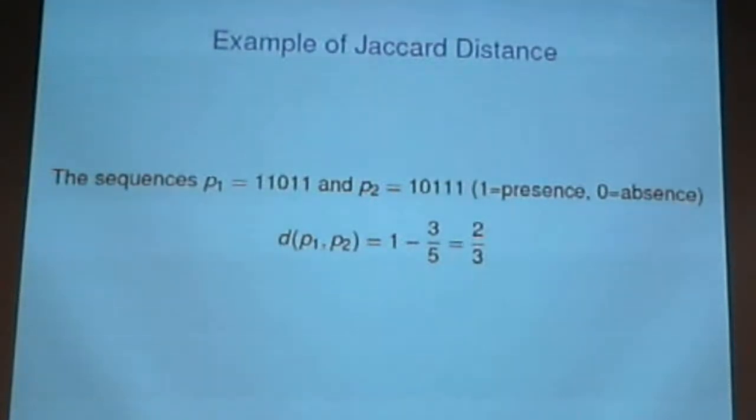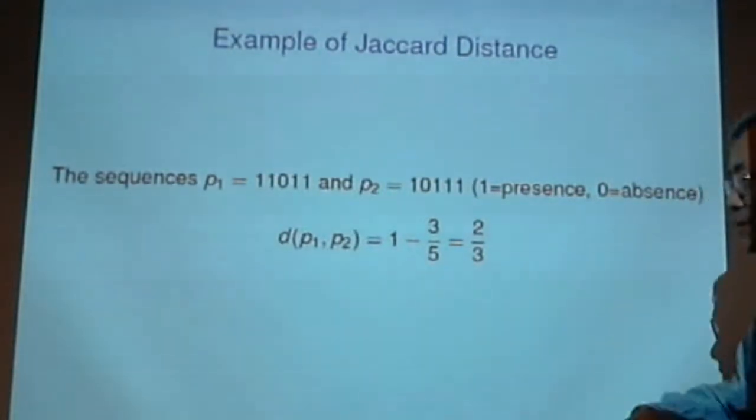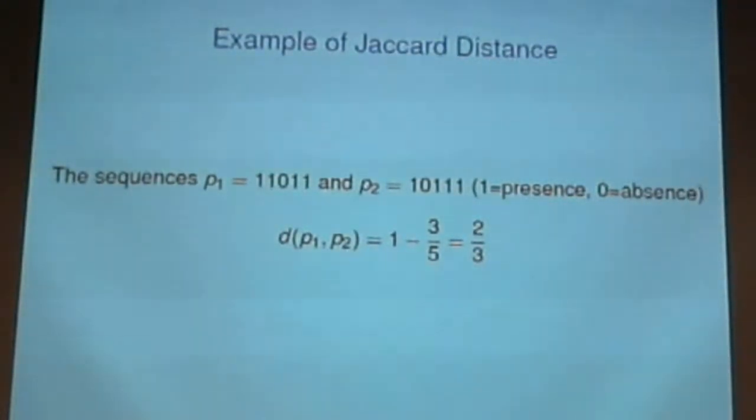Okay, so here we have two sets, in a sense, two strings. Let's say we have two sequences, 1, 1, 0, 1, 1, and then the other one here. One is the presence of a certain event, or certain traits, as we like to call it, and 0 is the absence of such a trait.